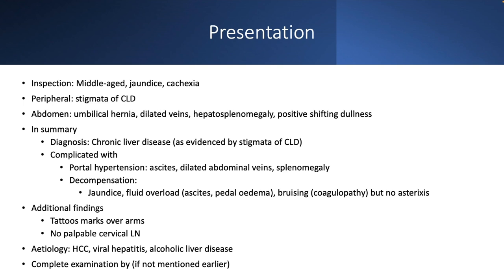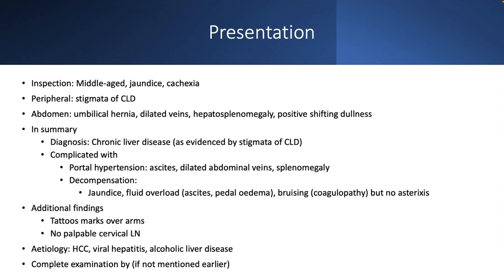I noticed that there is an umbilical hernia, and it exacerbates during coughing. And there are also dilated superficial abdominal veins. My findings are confined to hepatosplenomegaly with positive shifting dullness suggestive of ascites.